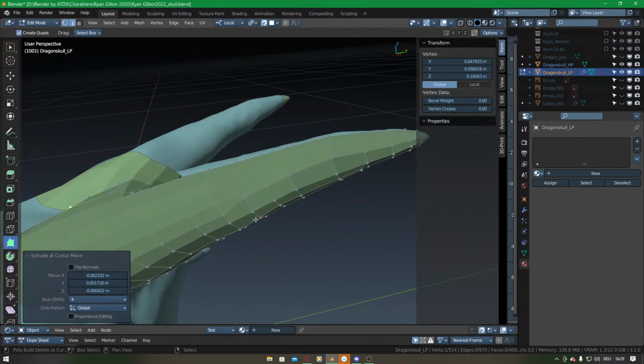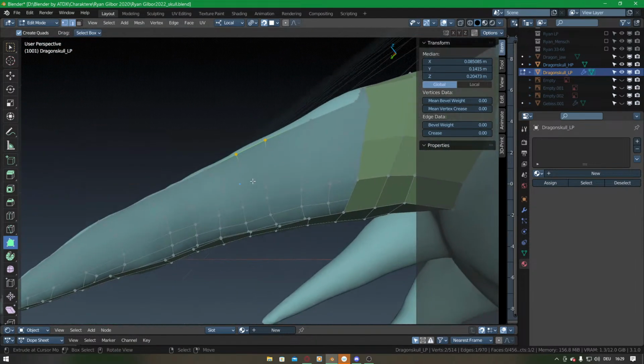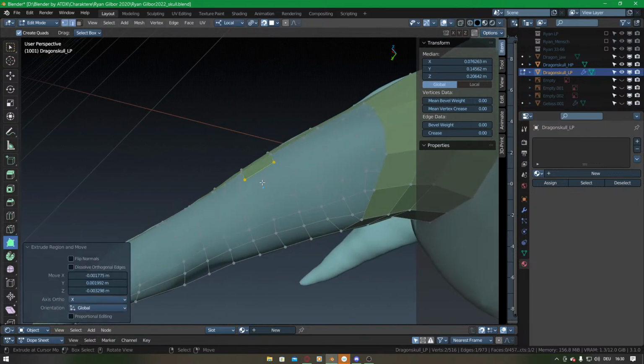Hold on, where did I use this one to break it down.